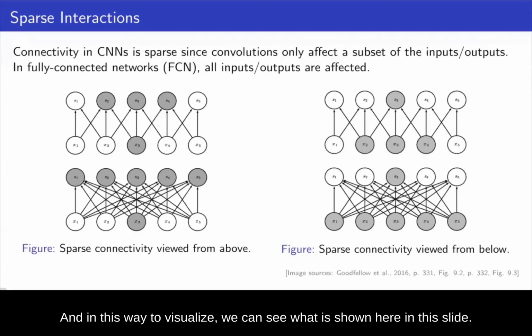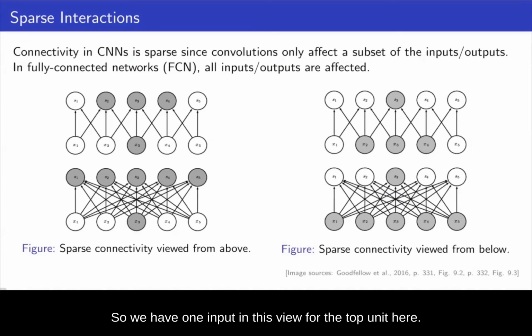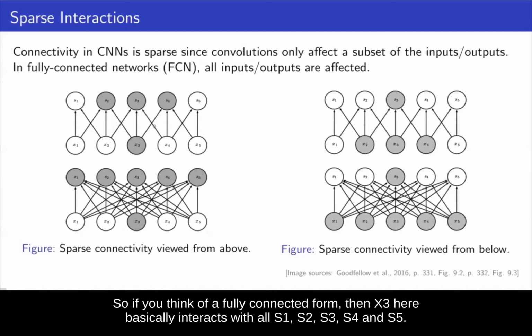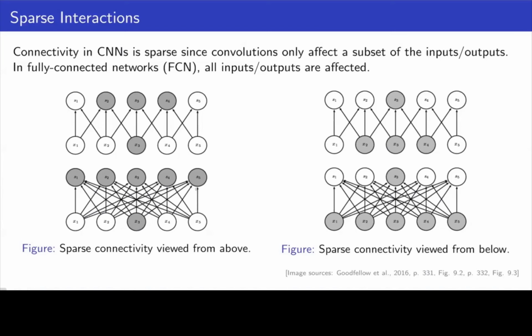To visualize, we can see what is shown here in this slide. We have one input in this view for the top unit here, the unit X3, and this X3 unit only interacts with S2, S3, and S4. If you think of a fully connected form, then X3 interacts with all of S1, S2, S3, S4, and S5.